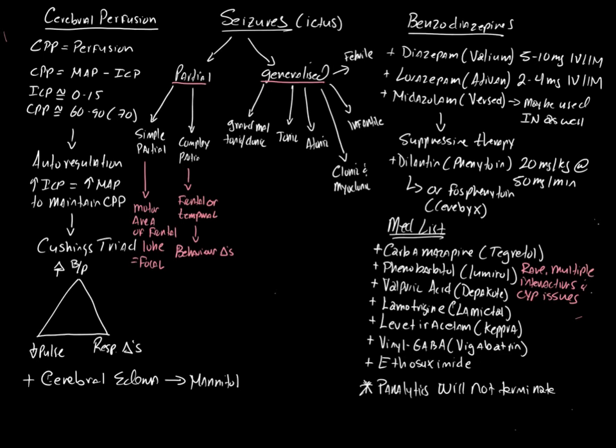But again, it's very difficult to differentiate a hemorrhagic stroke from an ischemic stroke out in the field. Hence the reason we need to get them to an appropriate facility that can do a timely workup on that patient.